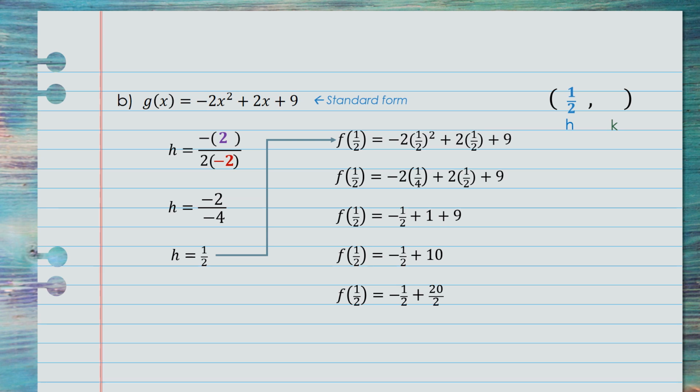So rewriting the problem, it now becomes f of 1/2 equals negative 1/2 plus 20 over 2. And now that they have a common denominator, we can add these 2 fractions. And the result is 19 over 2. Since it cannot be reduced, this is your k value. Our vertex is 1/2, 19 over 2.